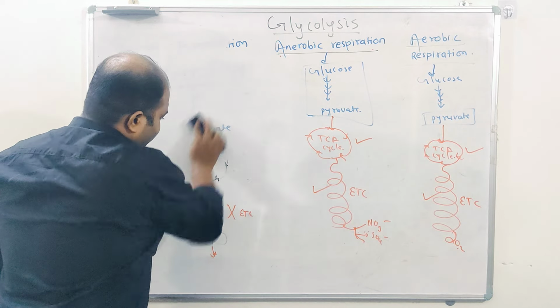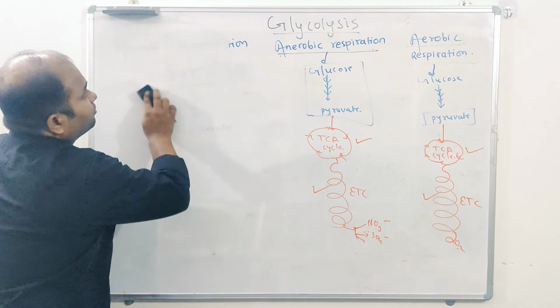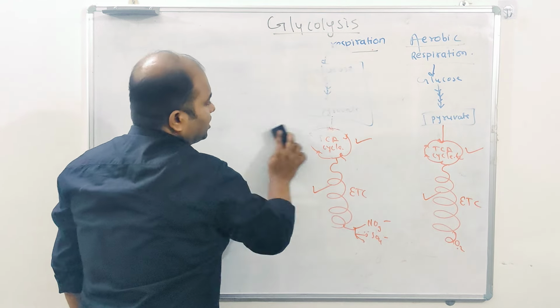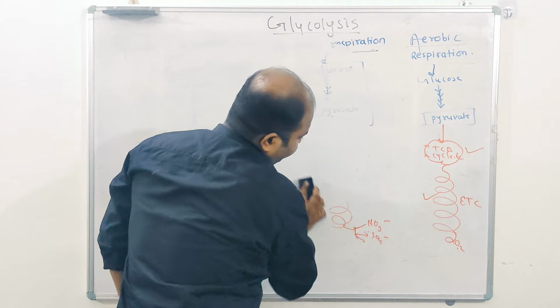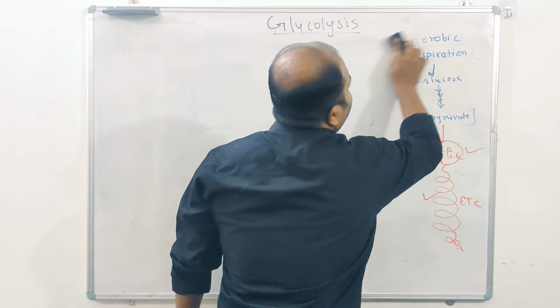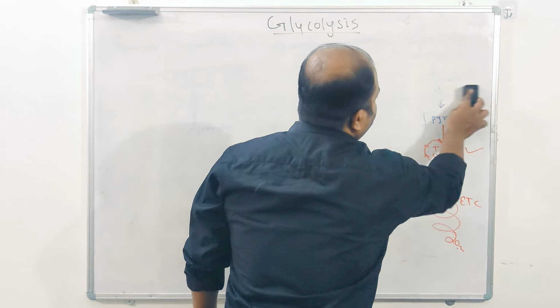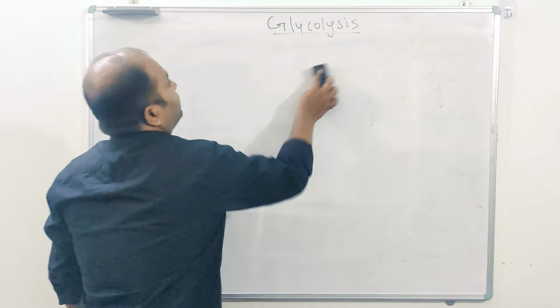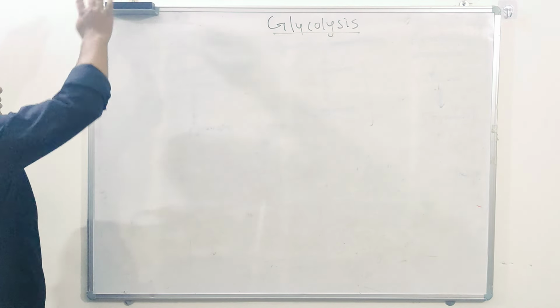What you have to know about glycolysis is that it is the universal metabolic pathway which will be found in each and every organism, right?